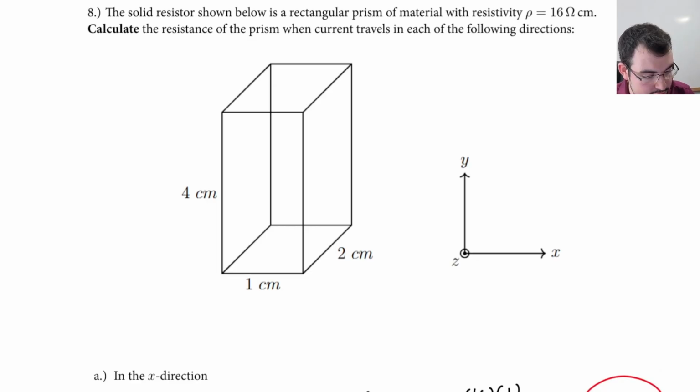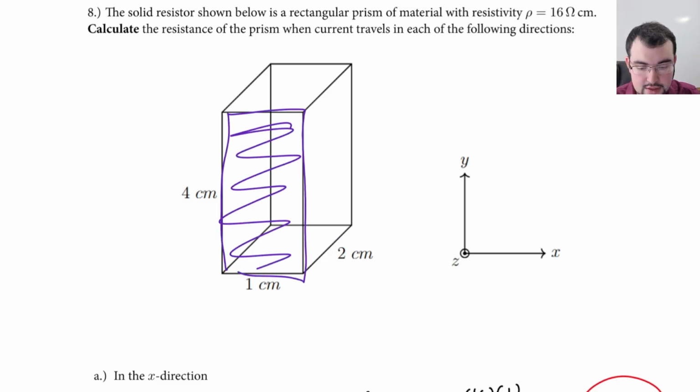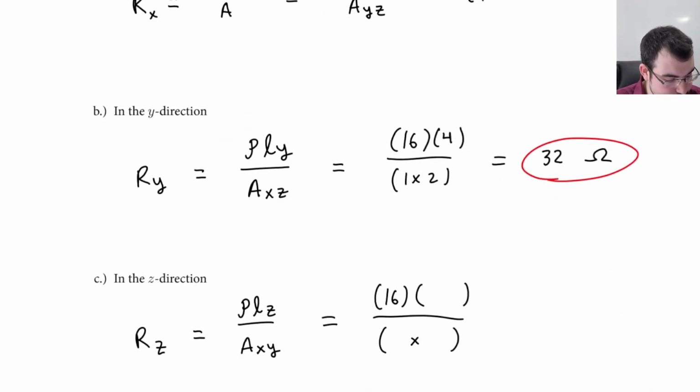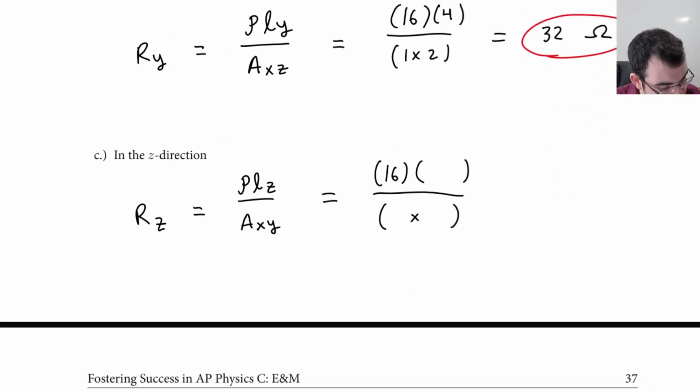So current goes sort of this way, into the screen. So that means that the length we're going to use is 2, because into the screen would be this way. And then for the area, that's this. So that's going to be 4 by 1. So 16 over 4 is 4, times 2 is 8.